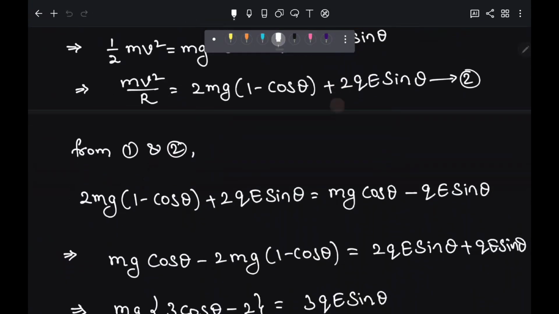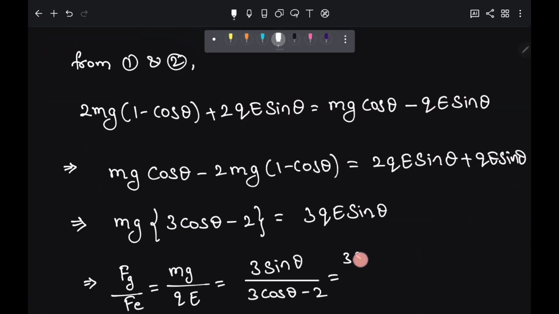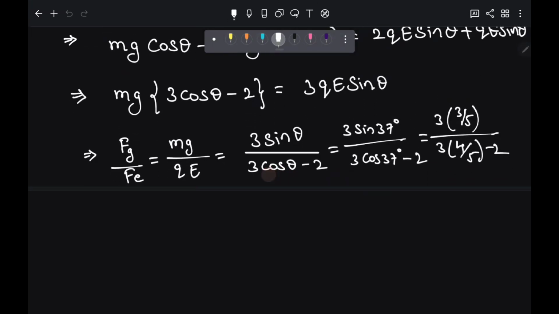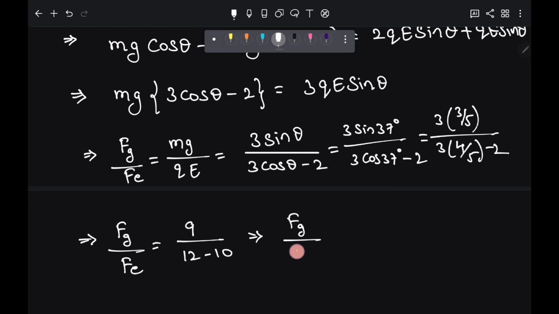Substituting, we get 3 sin 37 divided by 3 cos 37 minus 2, which is 3 into 3 by 5 over 3 into 4 by 5 minus 2. So F gravity by F electrostatic equals 9 divided by 12 minus 10, which is 9 by 2.